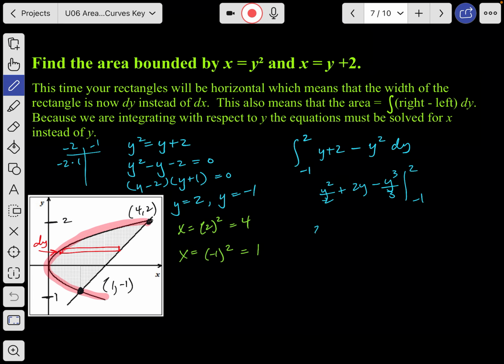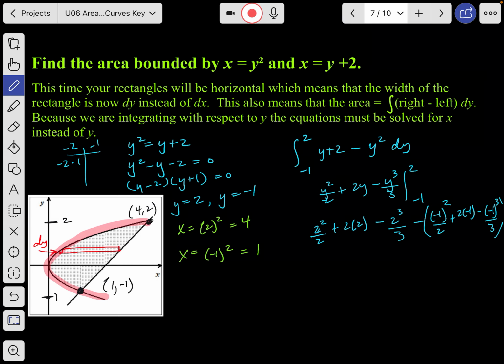Let's substitute in the 2, so that's going to give me 2 squared over 2 plus 2 times 2 minus 2 cubed over 3, and then I'm going to subtract, substituting in the -1, so that's going to give me -1 squared over 2 plus 2 times -1 minus -1 cubed over 3. All right, let's clean this up.